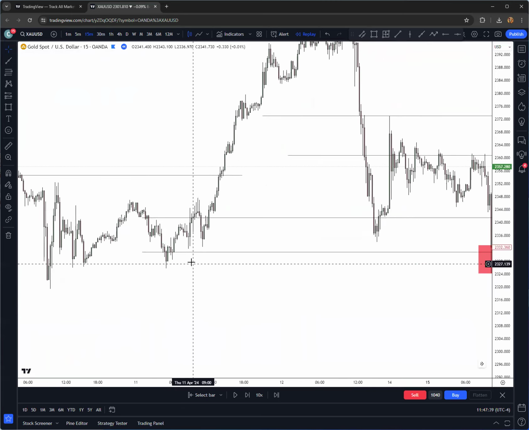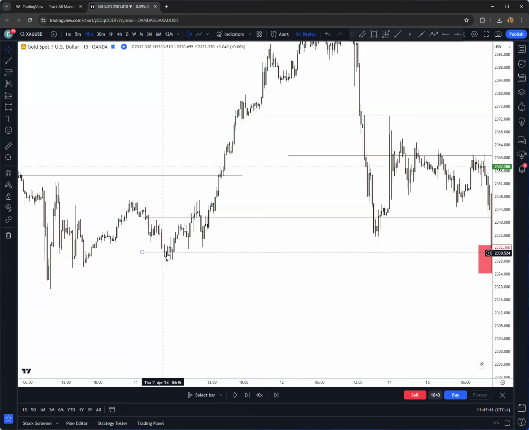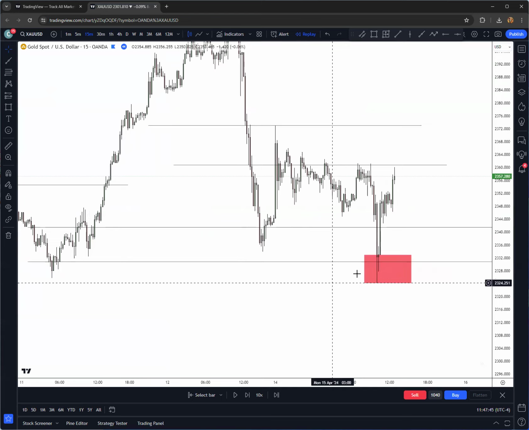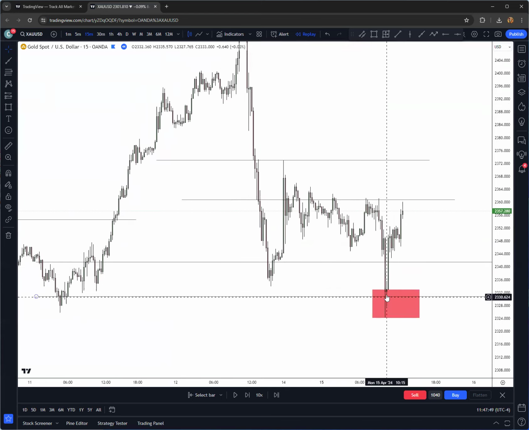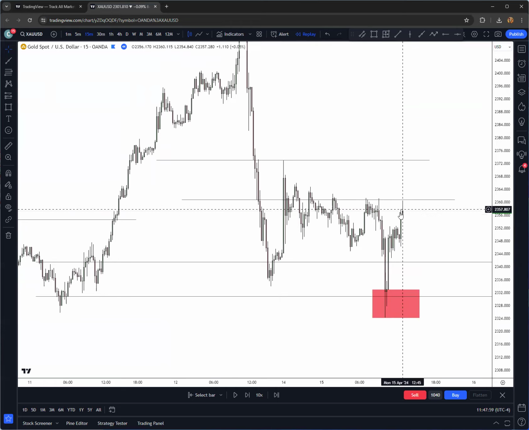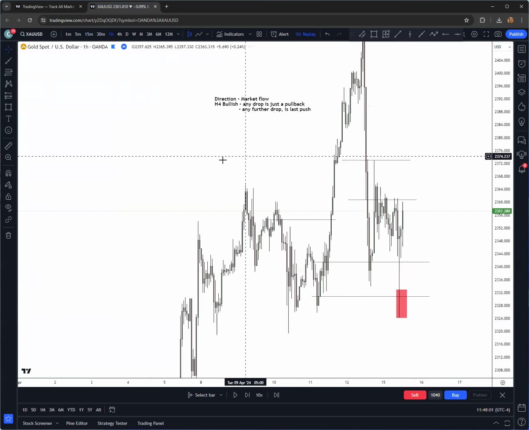M15 and H1 are at the same level. This is good enough for me. So if I don't take it on the head of this, when it comes in here, I'll take it when this candle is open and it's pushing down to go up, right? And then that's the entry.